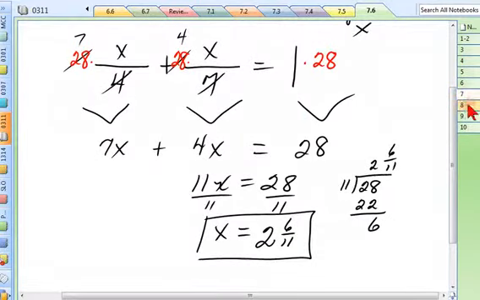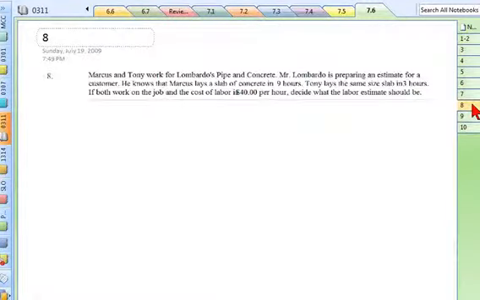All right, so we did 7. Let's look at 8, and once again, even when I tried to make this big, it was just hard to read, so I will read it out loud to you. It says, Marcus and Tony work for Lombardo's Pipe and Concrete. Mr. Lombardo is preparing an estimate for a customer.